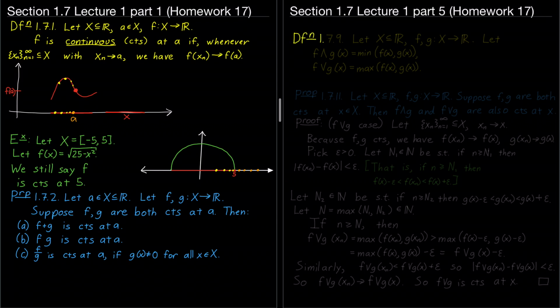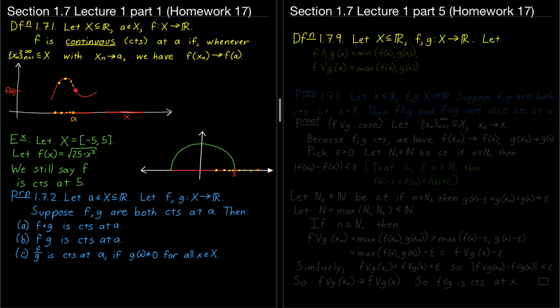So here is definition 1.7.9. Let X be a subset of the real numbers, and we're going to let f and g both be functions whose domain is X and whose range is all of real numbers.